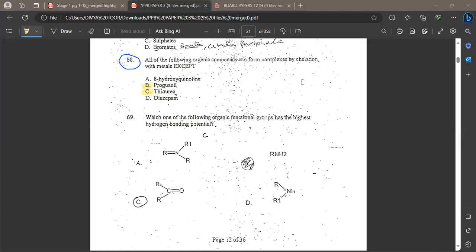So I think C, because that oxygen would have two lone pairs, so there would be more hydrogen bonding, the highest bonding potential.